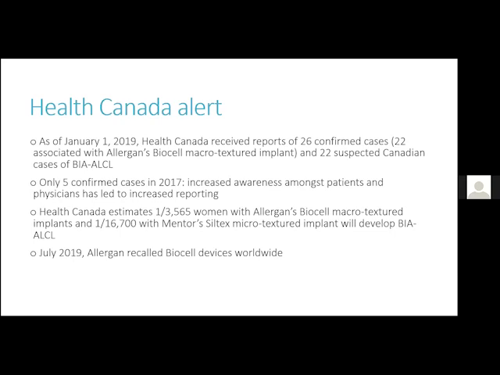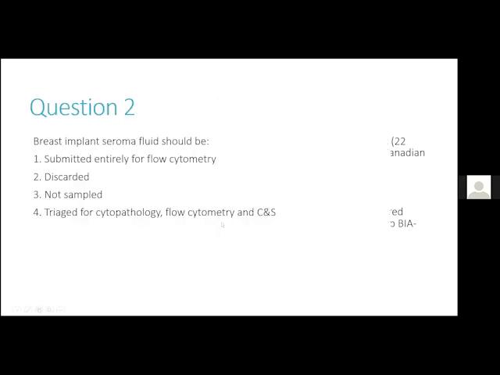At that time, they had 26 confirmed cases of BIA-ALCL with Allergan's macro-textured implant and another 22 suspected cases, so a definite increase over the course of time. Health Canada at the time estimated that 1 out of 3,500 women with this device would develop BIA-ALCL. I've seen other reports that cite this rate to be a bit higher.